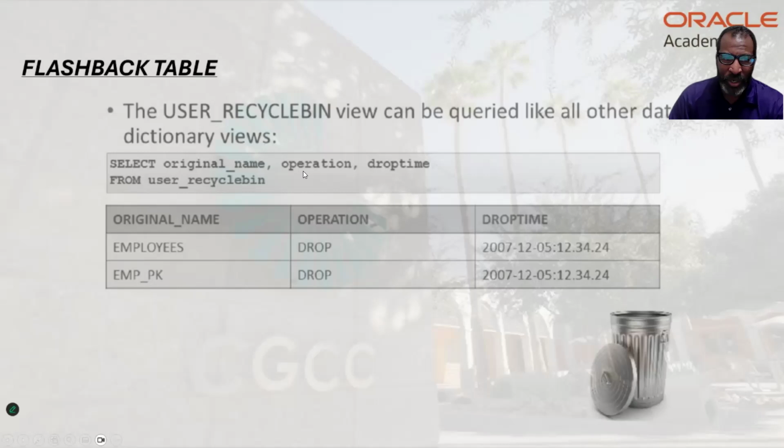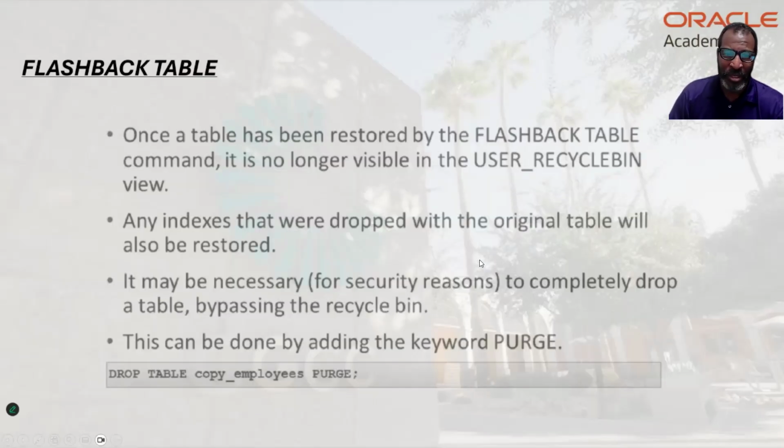If you query the recycle bin, there are several columns, but if you select original name, operation, drop time, you can see the operation on the tables. There's a lot in there, and you'll get a chance to take a look at that.